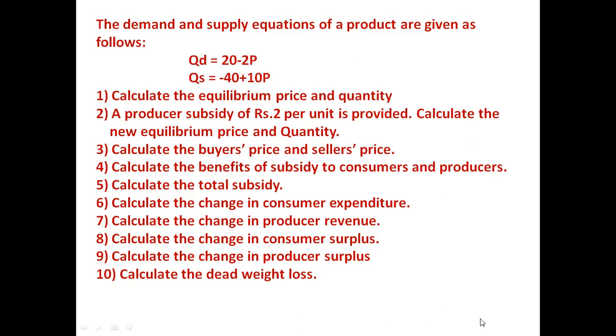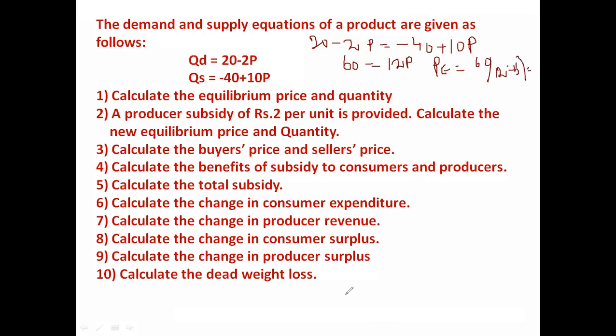The first part: calculate the equilibrium price and quantity. At equilibrium, 20 - 2P = -40 + 10P. Then it becomes 60 = 12P. So the equilibrium price, PE, is 60 divided by 12, which is 5.